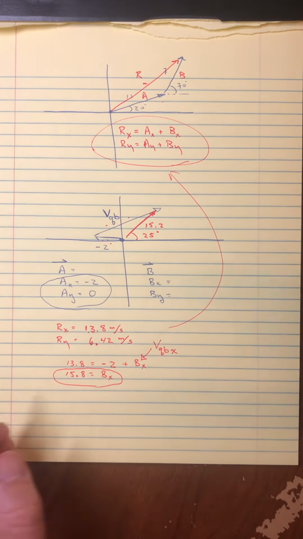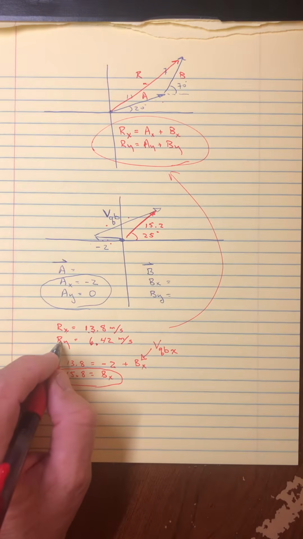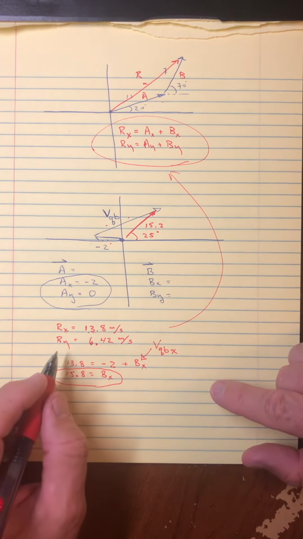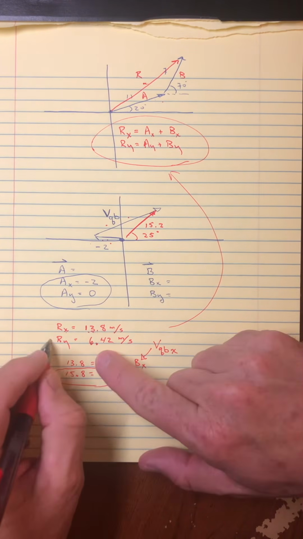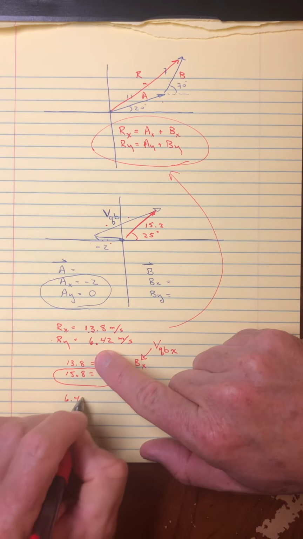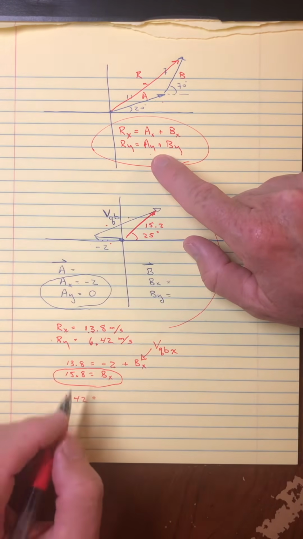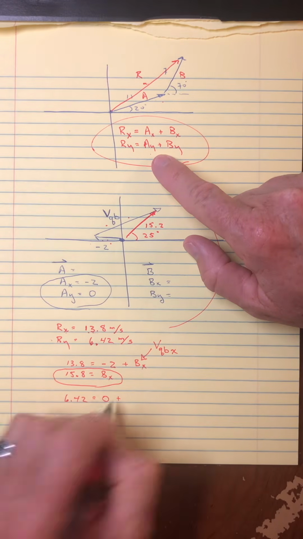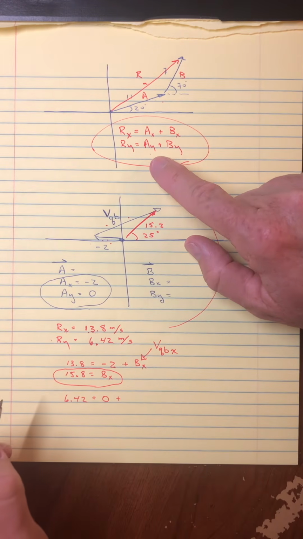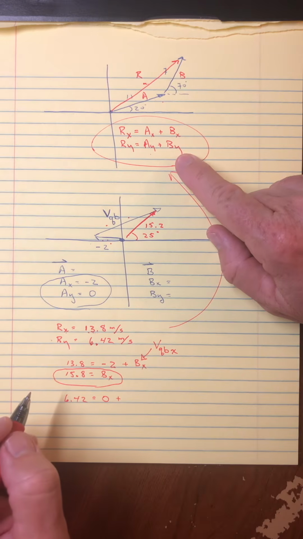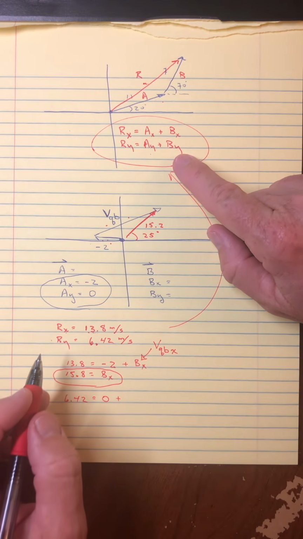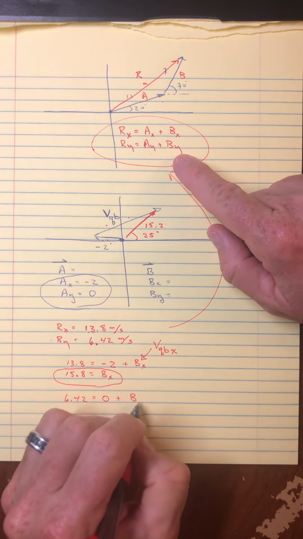All right. Now, the y direction's a little boring because the resulting y, 6.42, if we put it into this equation, would be then the 0 from the motion of the quarterback, and then this b is what we're looking for.